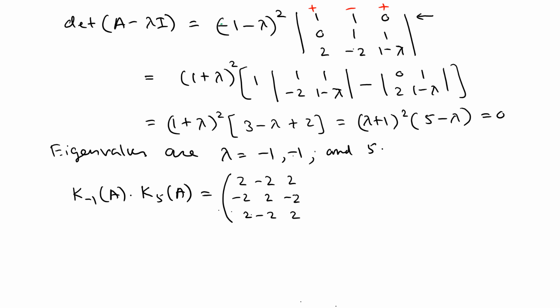And the second one, you subtract 5 from the diagonal entry, that means it is -4, -2, 2, and then -2, -4, -2, and then 2, -2 and -4.